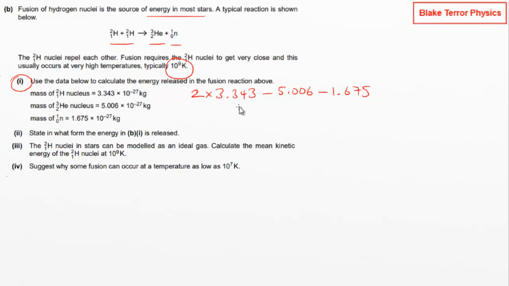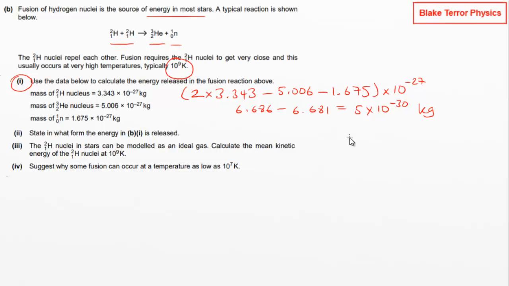So what we got there, we got 6.686 minus 6.681. And then we've got the 10 to the minus 27 that we need to put in as well. So that is 5 times 10 to the minus 30 kilograms, all in all.